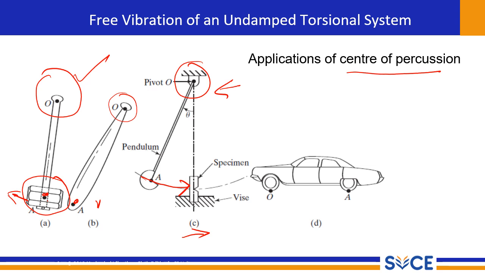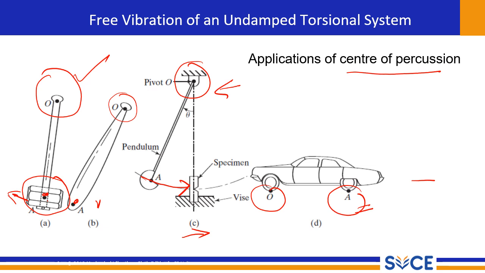Finally, image D illustrates a more complex application, perhaps a simplified representation of a vehicle suspension system. Here, point O could represent the axle or suspension joint, and A could be a point on the wheel or suspension arm. The proper design ensures the impact from road irregularities is absorbed effectively at A itself, minimizing vibrations felt by the vehicle's frame at O, providing a smoother ride.